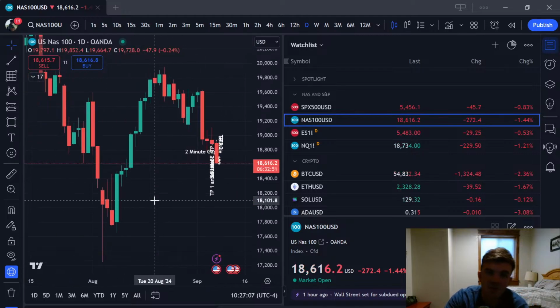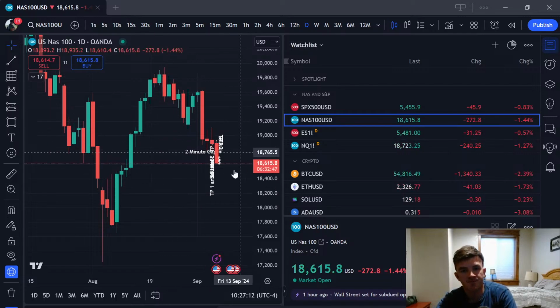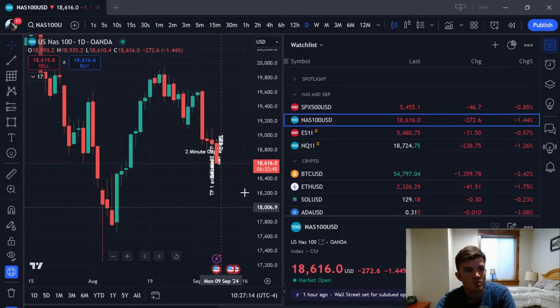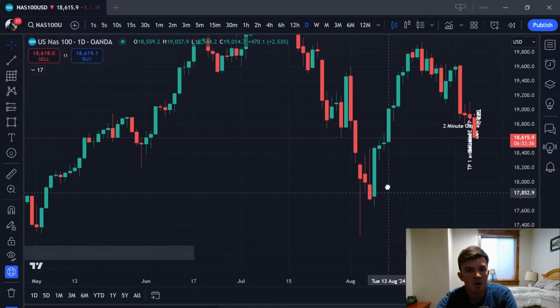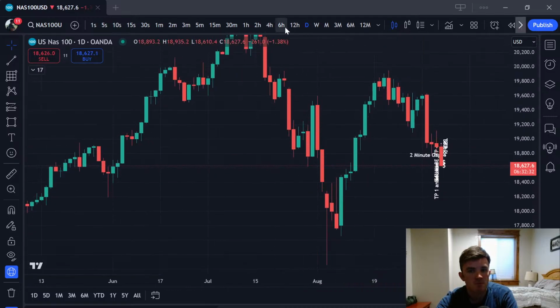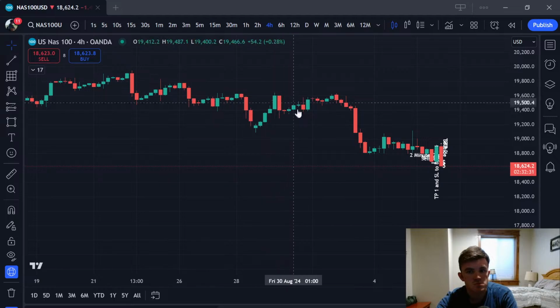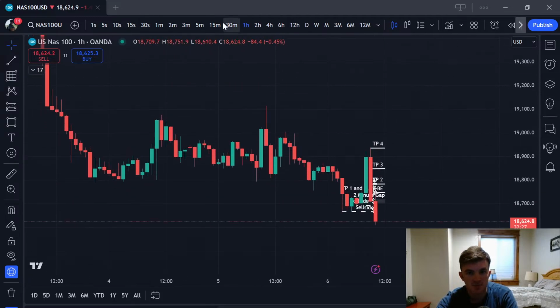So we might be inversing this daily gap, so we might be going lower. Yeah, looks like we might be going lower.